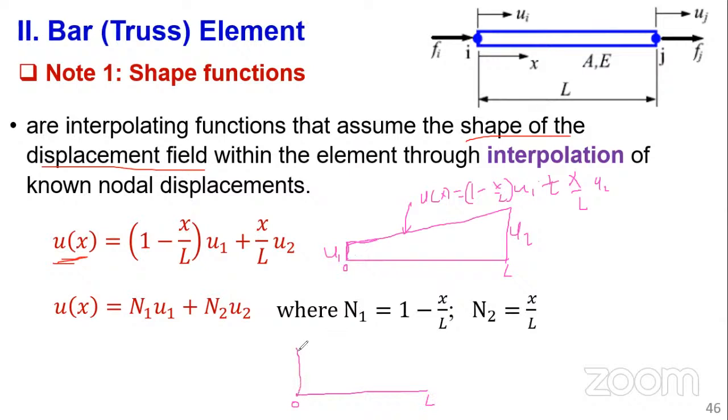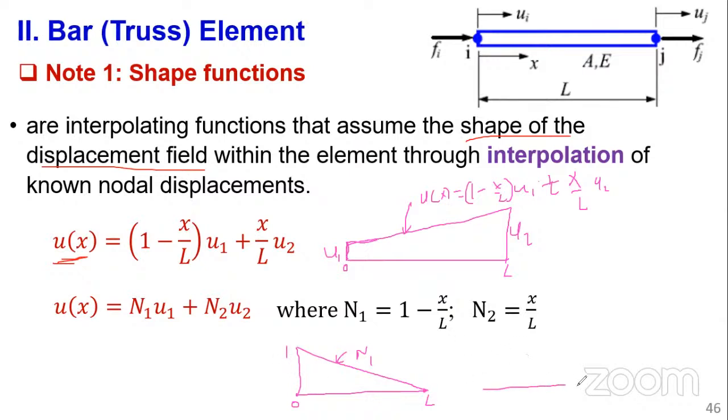So this value is 1. And when x equals L, L over L is 1, 1 minus 1 is 0. So n1 here is 0. So this line represents n1. This is 1, this is 0.